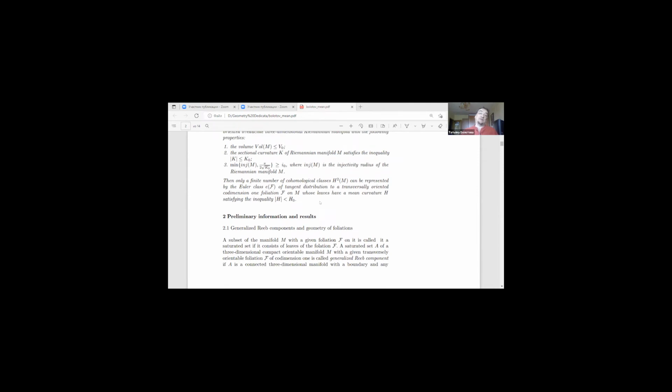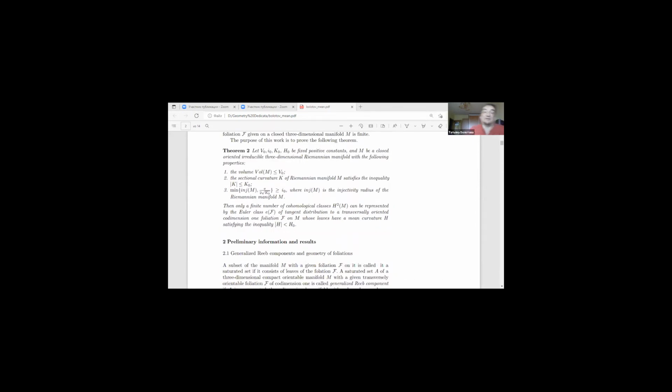And in this situation, we also guarantee that the number of homological classes which are realized as Euler classes of the distribution tangent to our foliation is finite, if we require that the modulus of mean curvature is bounded above by a fixed constant H0. So it is our result.